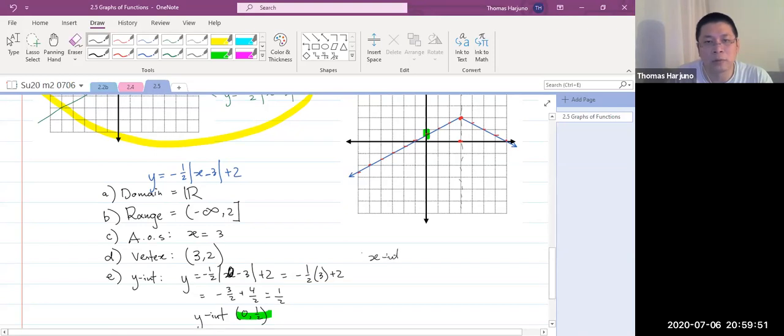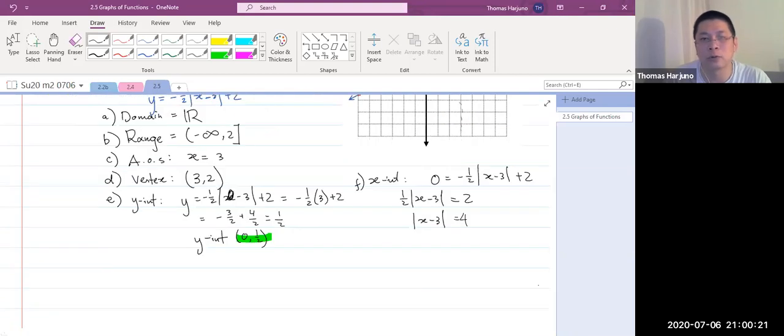And how about the x-intercept? For part F, you set y equals 0 and then solve for x. Let me move the negative term to the other side, becomes a positive term. Multiply both sides by 2.